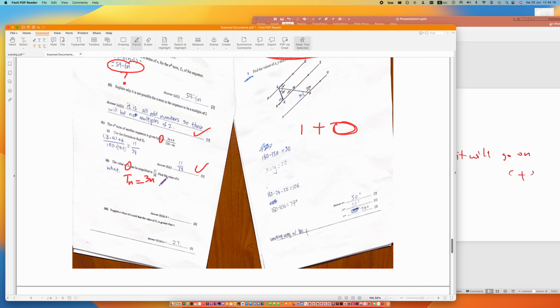Since Tn is equal to 3n plus 6 over 150 minus 4n, so Tk is equal to 3k plus 6 over 150 minus 4k. And they say whether you can simplify, cannot. So this whole thing is 17 over 30. So what's our k value?